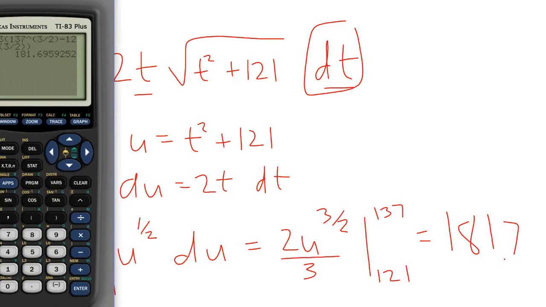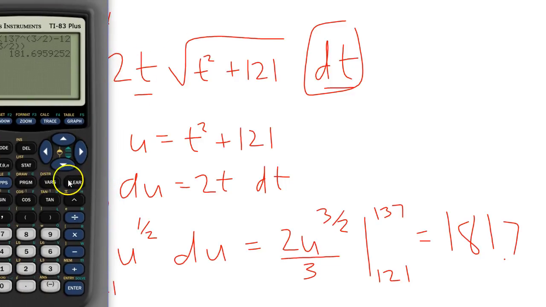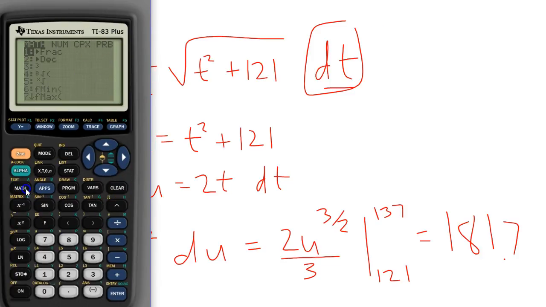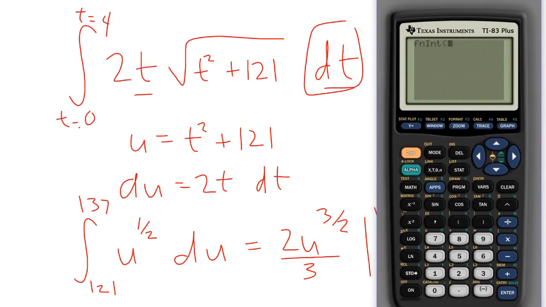You could have just treated these as x's and put it into your calculator. So what I did is I pressed the math button on this, and then you can do fnInt. You could have plugged in your function right here, 2t, you'd have to use x, because it's just what's on the faceplate: 2x times the square root of x squared plus 121, right?